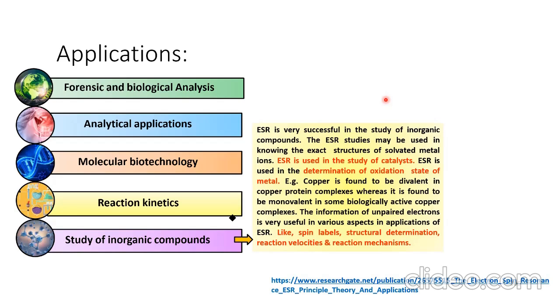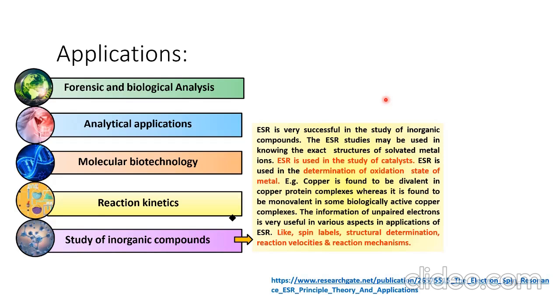ESR studies can be used in knowing the exact structure of solvated metal ions. It is used to study catalysts, and the oxidation states of the metal can be determined using ESR. For example, copper is found as divalent in copper protein complexes, whereas it is found as monovalent in some biologically active copper complexes.